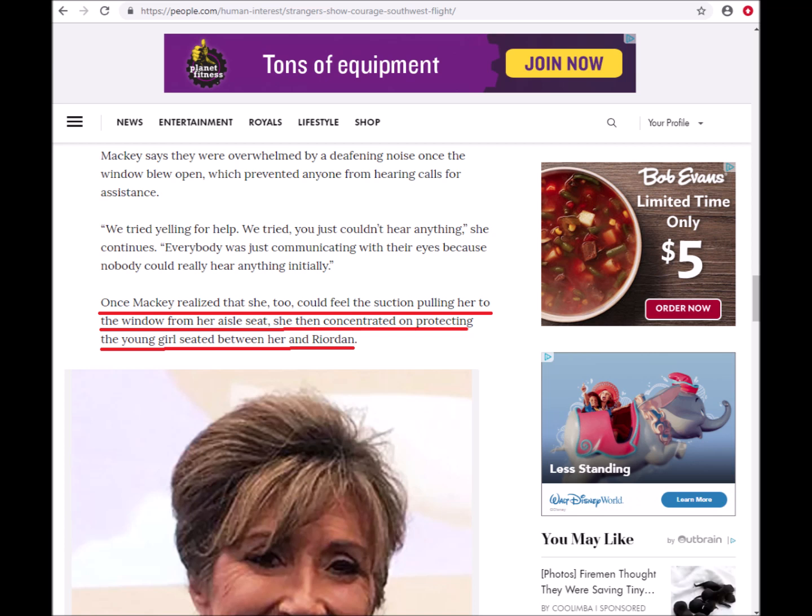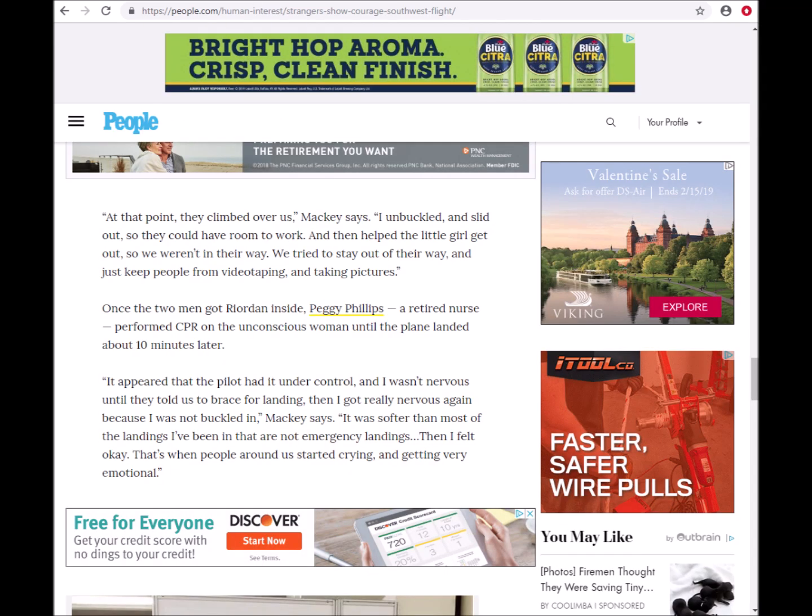If we scroll down again, we find discussion of when the woman was pulled back in and CPR was done on the woman for 10 minutes. No mention that they had to move her because it was so incredibly cold and this incredibly cold air was coming in. At that point, they were probably under 10,000 feet. So let's assume the temperature was above zero and a couple 100-mile-an-hour wind going past the window.